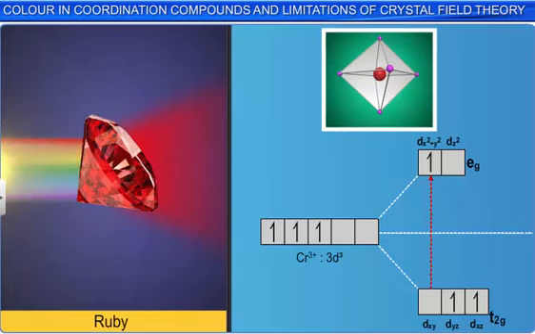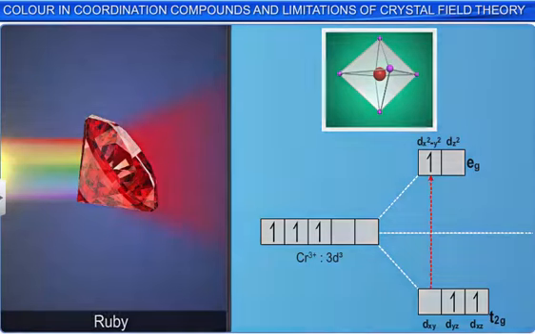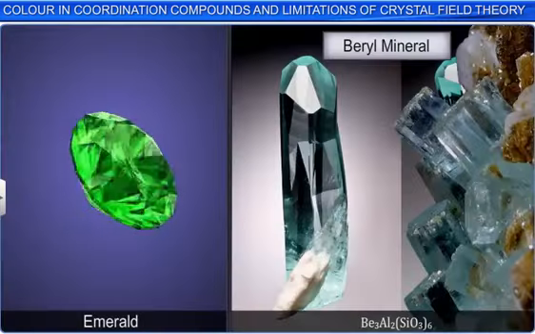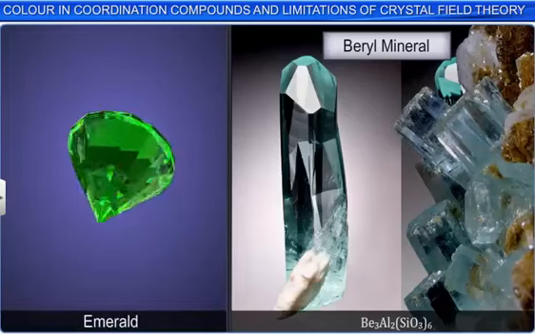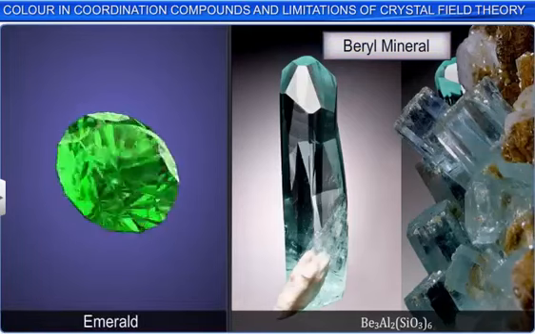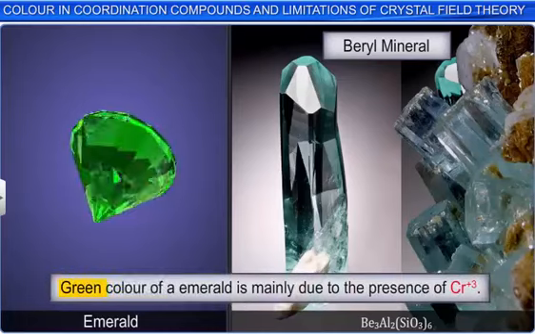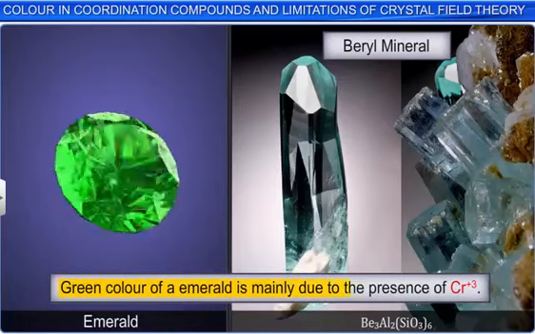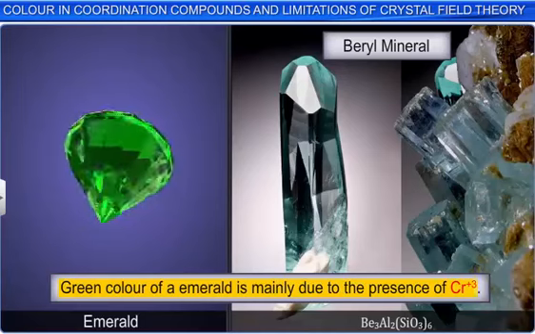Emerald is a green variety of the mineral beryl. The green color of emerald is due to the presence of chromium 3+ ions. The chromium 3+ ions occupy the octahedral sites in beryl.